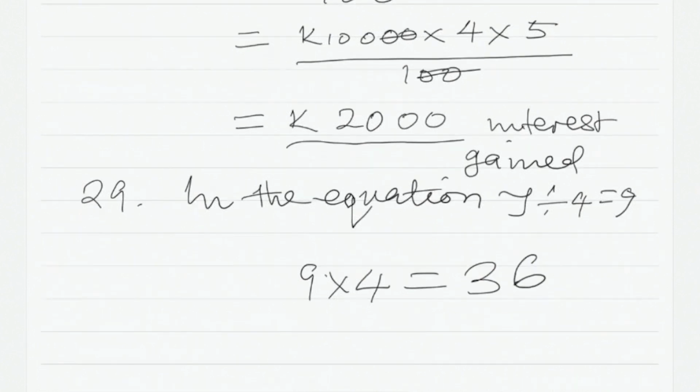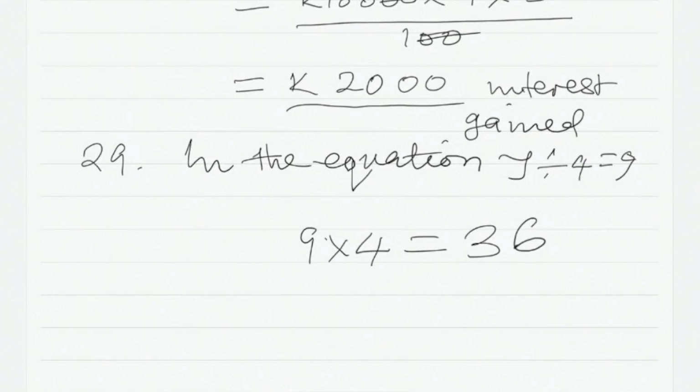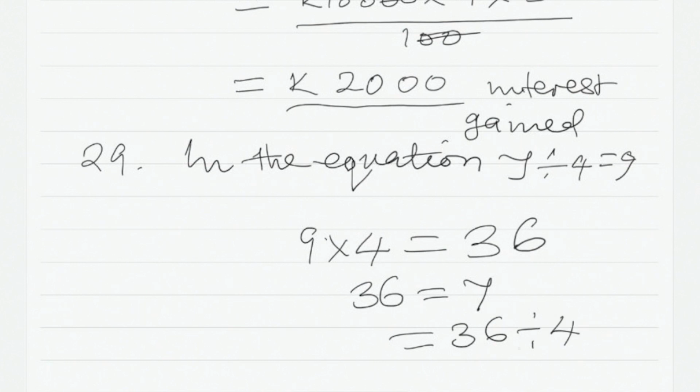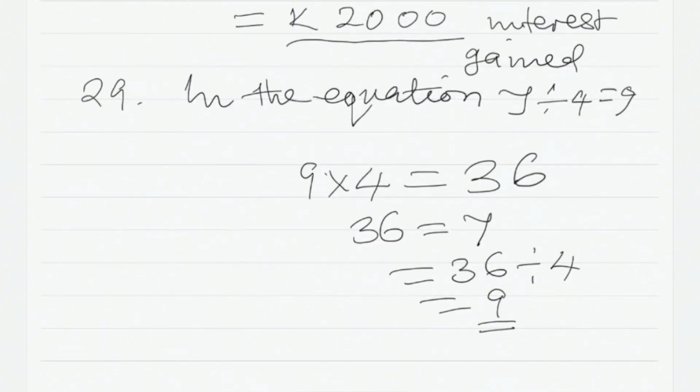So this 36 is the number that is going to stand for y, because when we divide 36 by 4, it will give us the 9 that is required. So the answer is 36, which is D. So our answer is D.